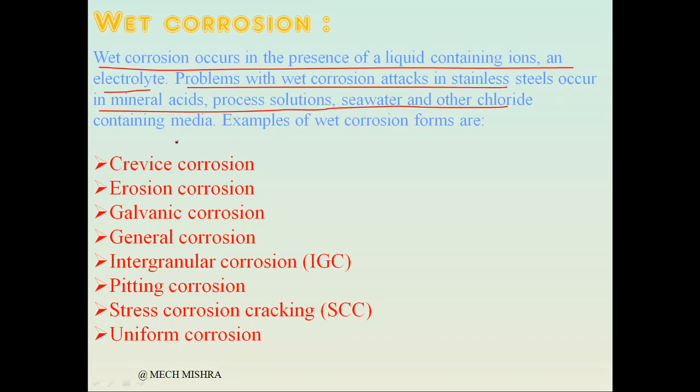Then basic examples of wet corrosion. These are crevice corrosion, erosion corrosion, galvanic corrosion, general corrosion, intergranular corrosion, pitting corrosion, stress corrosion, uniform corrosion. All this corrosion requires an electrolytic media, which in most cases is water or some process fluid. So these are causing wet corrosion. Here temperatures are low.